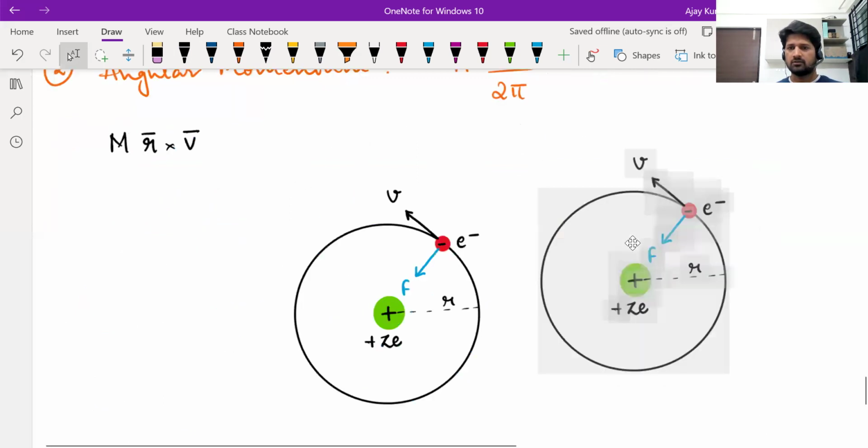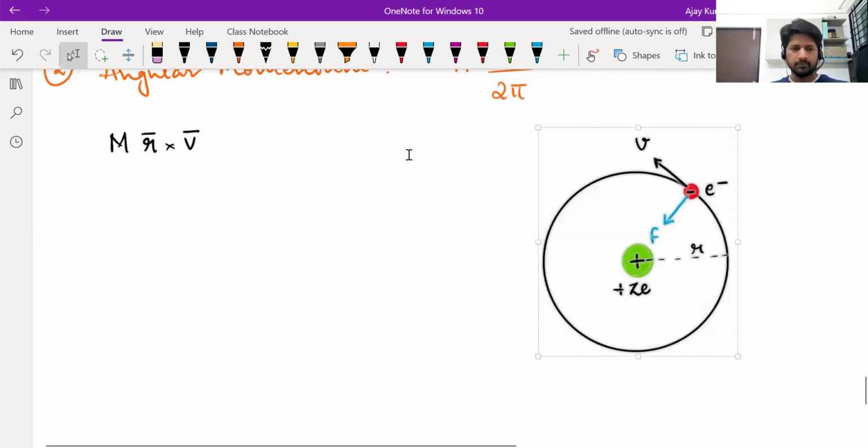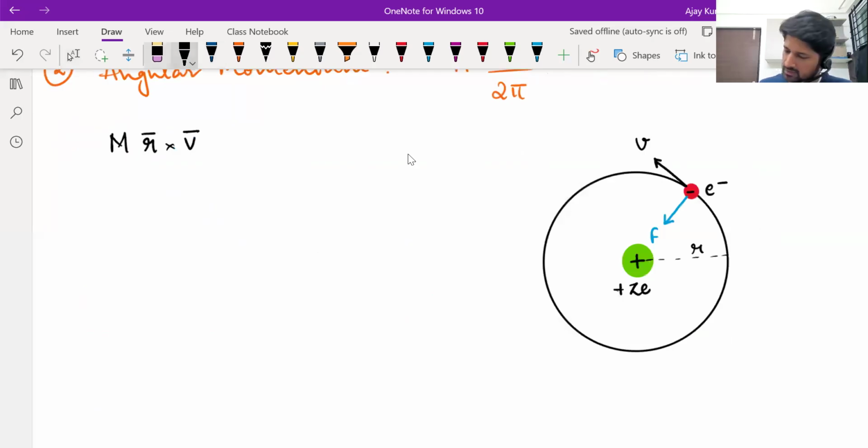Suppose an electron revolves around the nucleus like this. Then with respect to the nucleus, this is the r vector, and you can see the v vector.